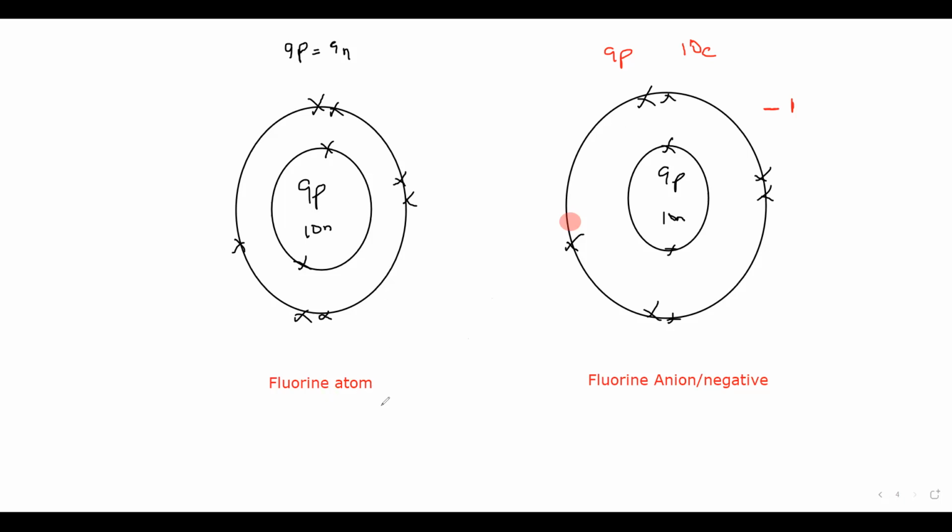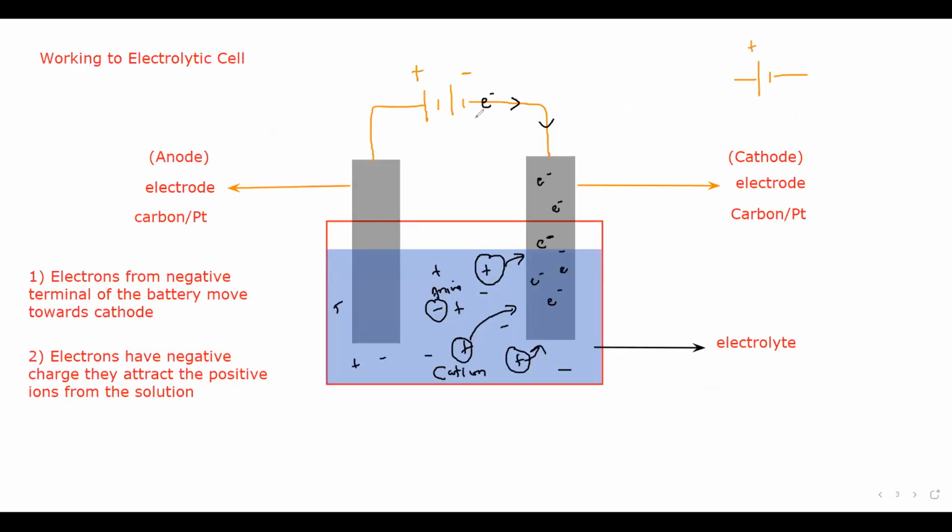Is the difference between anion and electron clear? So this single particle is called an electron, and an anion has protons, neutrons and electrons, but more electrons than protons. So first, from the negative terminal, electrons move out, and these electrons attract the positive ions, which then mix with the electrons.